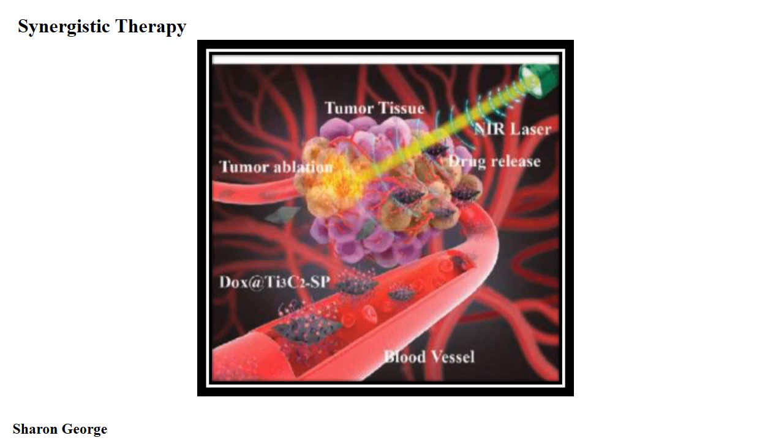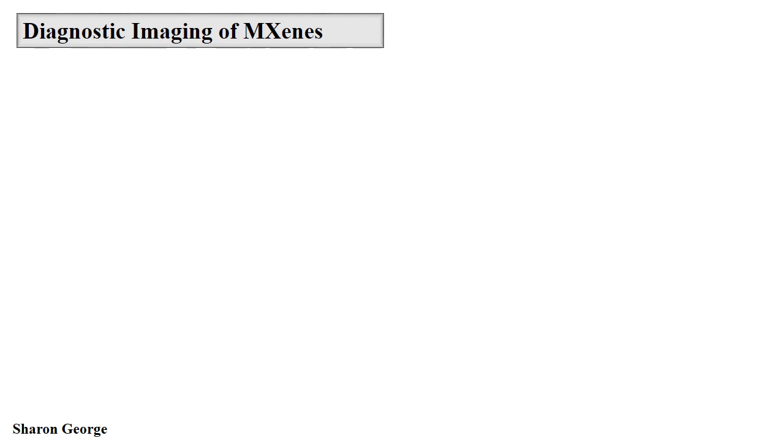Next application is imaging. So the MXenes we can use in diagnostic imaging like CT, MRI or photoluminescence, meaning fluorescent imaging. We can use this MXene as a contrast agent to enhance the diagnostic imaging performance.